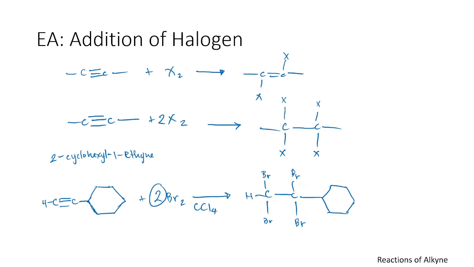Ay, hindi pala, cyclohexane pala yun. Anyway, that will be our product: 1,1,2,2-tetrabromo cyclohexane.